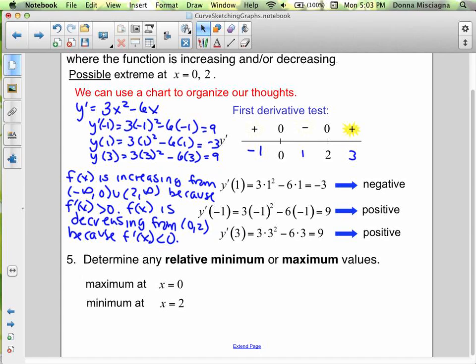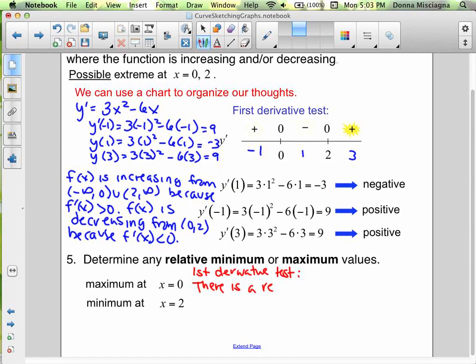All right, so using the first derivative test, there's a relative max at x equals 0 because f prime of x changes sign from positive to negative.